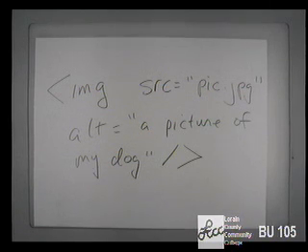A screen reader is a piece of software that actually reads them the contents of their screen. For images, what it does is it reads the alt attribute to them. So whatever the alt attribute is, the screen reader will read.